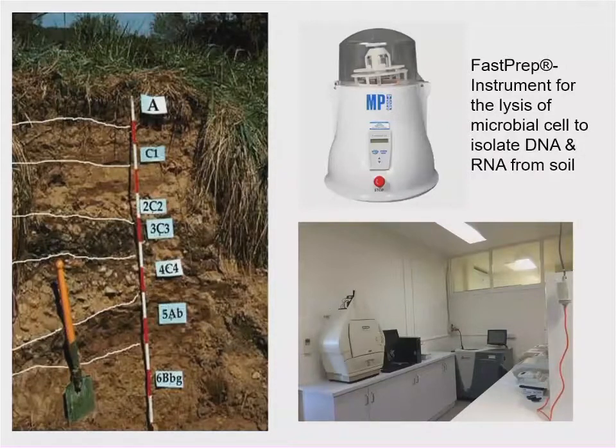So we quite often go to the field to collect the soil samples, and then we use a fast prep to crush the soil microbial cells, and then we can isolate the DNA. So how can we get high quality, bigger size, and also pure DNA?